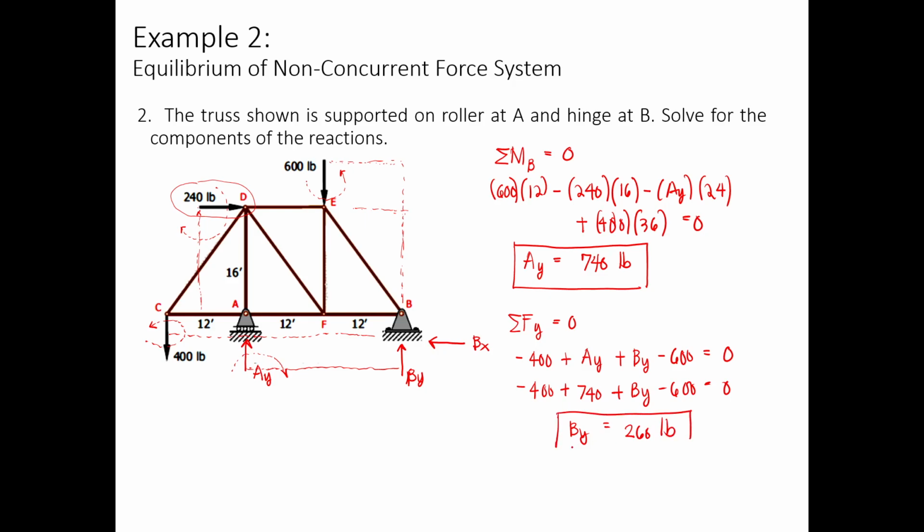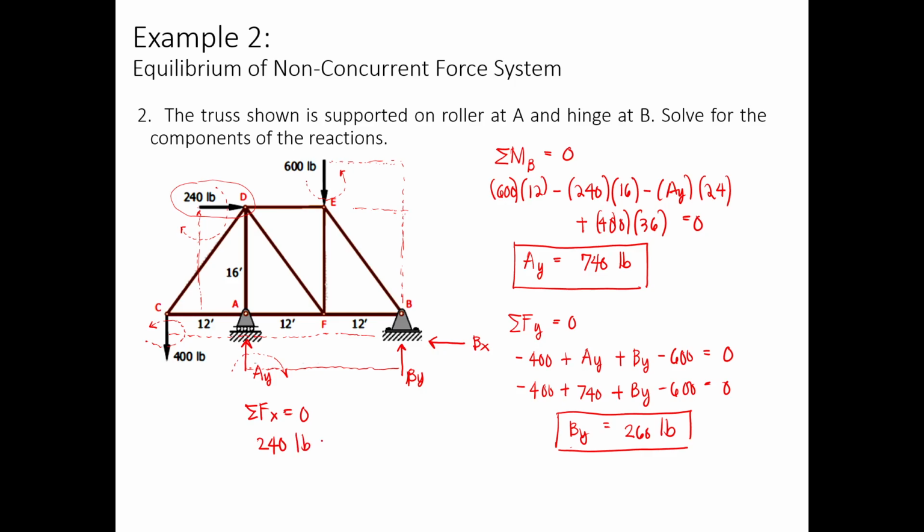Then lastly is your summation of forces x. So of course, as you can see in the drawing, there's only one external horizontal force, so it's automatically the same as Bx.